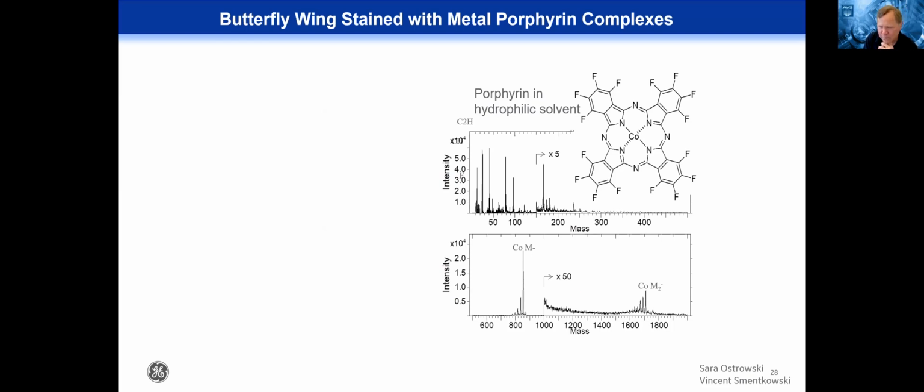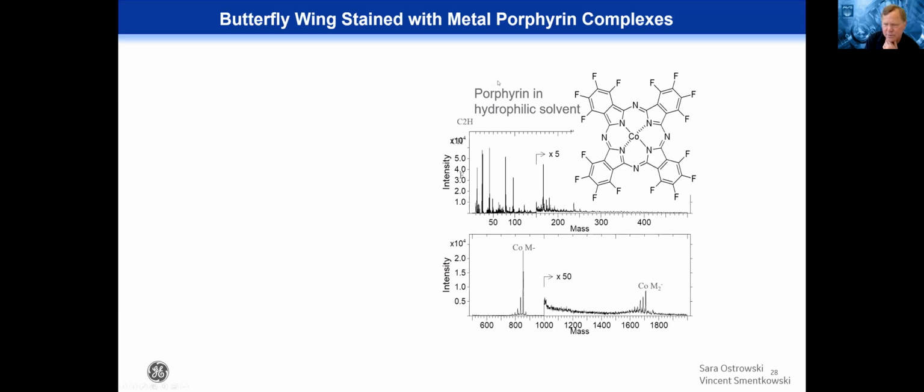So my first answer was what I would usually say. The best way of understanding if we could do that would be give me the uncoated butterfly wing and give me the material that you're functionalizing it with. I'll get the fingerprint spectra and we could then decide if it's a viable path forward.